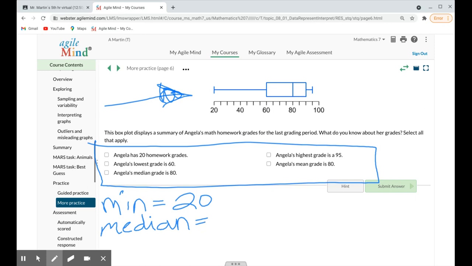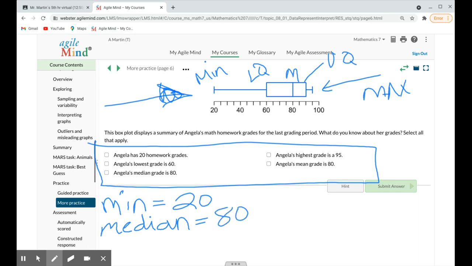All right, so 60. So this would be our minimum. This would be our lower quartile. This is our median. This is our upper quartile. And this is our maximum. So what would have to be the median? The 80. What is the max? 100. Or no, 95.